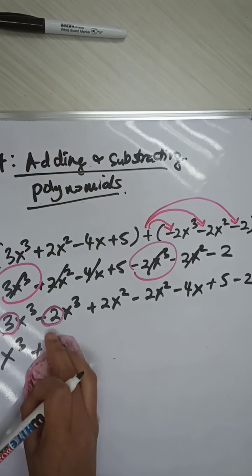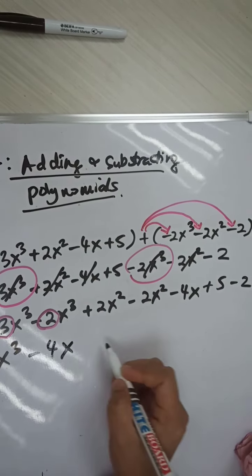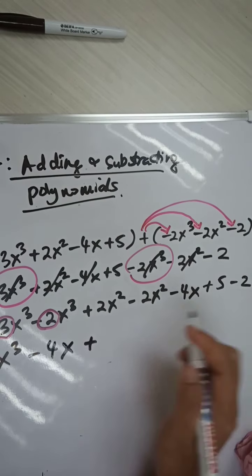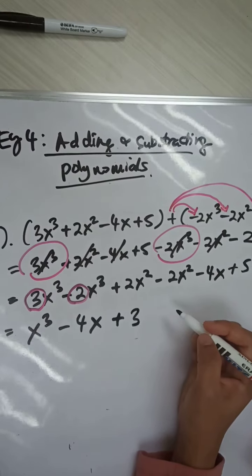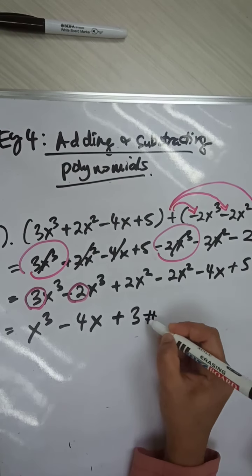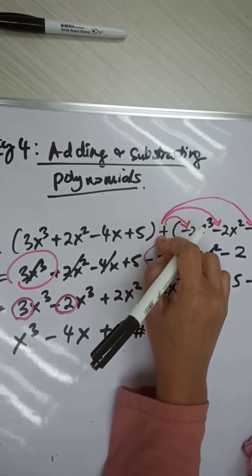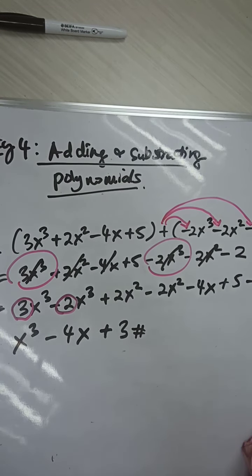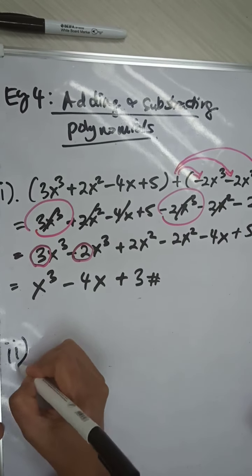No positive. And then minus 4x plus 5 minus 2, we get 3. So this is the answer for number 1, involving the addition operation.